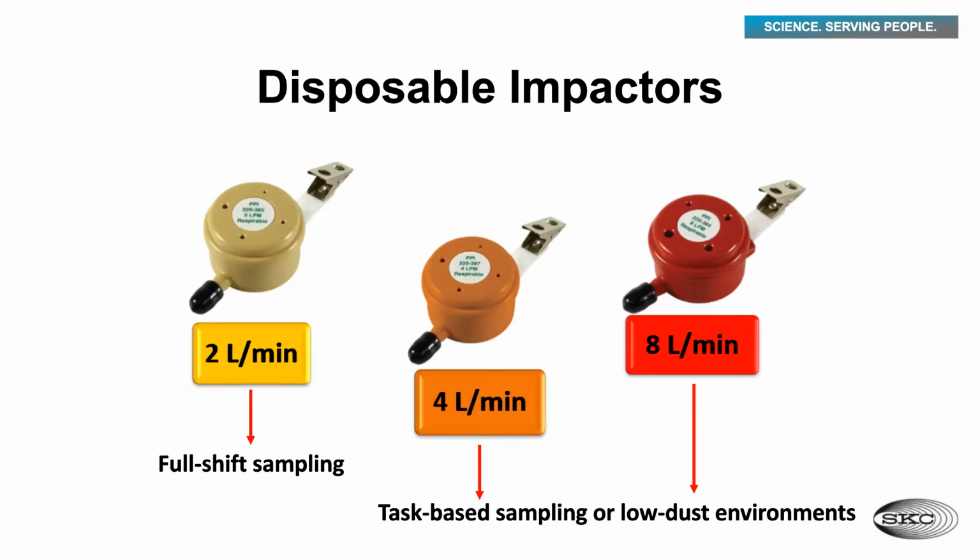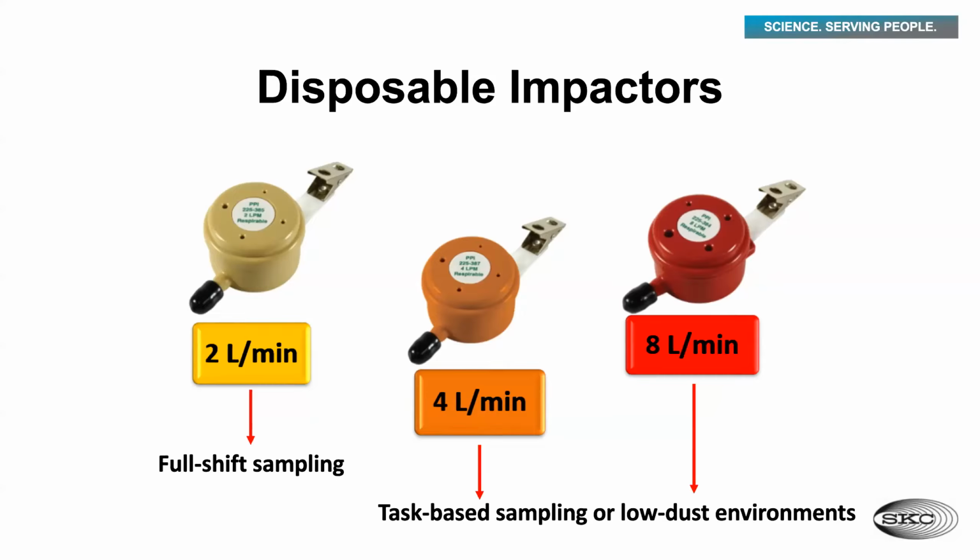If you're trying to sample something that is either a very short task or something that you don't know, you're trying to figure out where the main exposure is coming from throughout the day, using something in the 4 liter a minute or 8 liter a minute range allows you, without changing your collection efficiency on the ISO curve, to collect either 2 times as much volume or 4 times as much volume in the same amount of time.